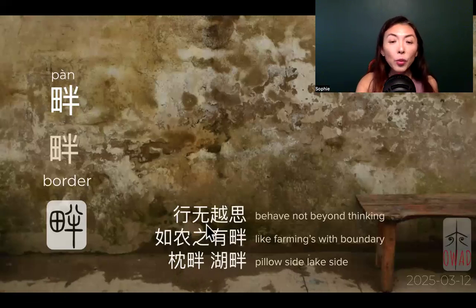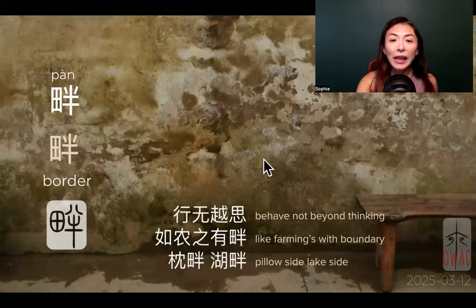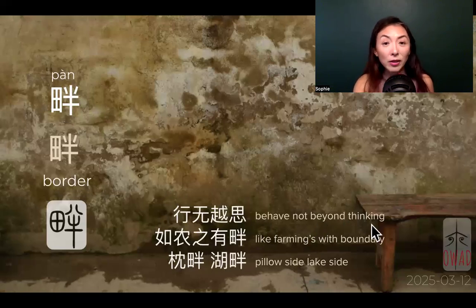Okay, 行无越思，如农之有畔. This is something I learned just in preparation for this episode. I don't use it in my everyday life, but it actually clicked with me because it's such a reasonable philosophical saying. One by one, this is: behave not beyond your thinking. So you don't do things outside what you planned to do.